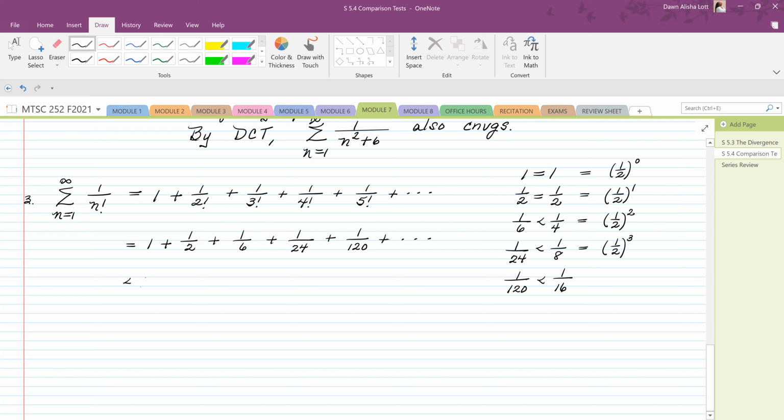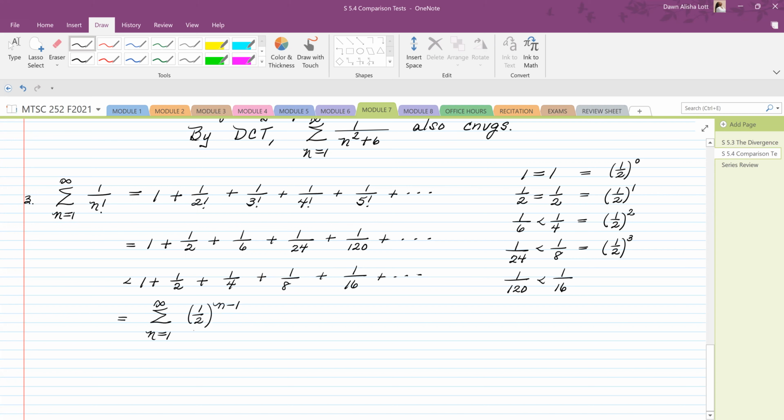So this is less than 1 plus 1/2 plus 1/4 plus 1/8 plus 1/16 plus ... So this is the sum, n equals 1 to infinity, of 1/2 to the n minus 1.